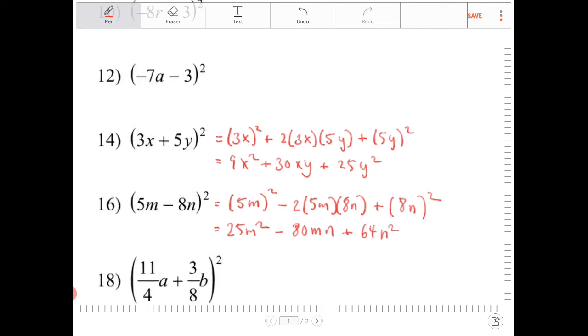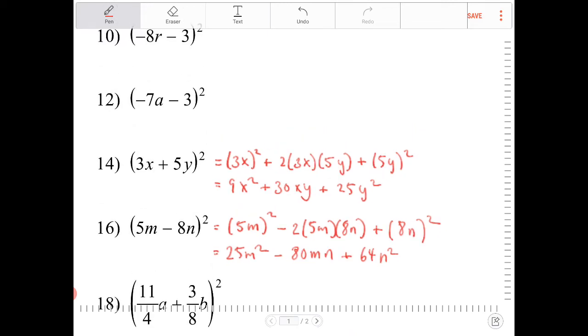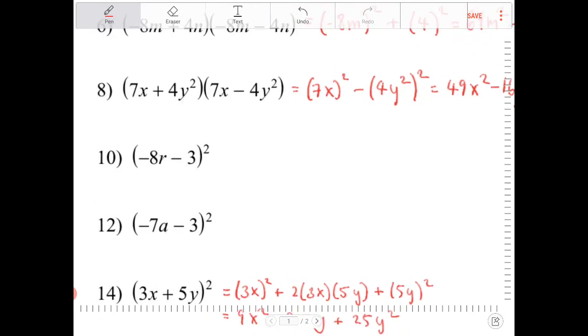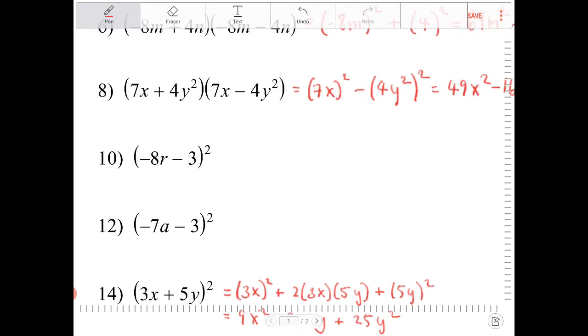Okay, and then I want to backtrack a little bit. Now I have the two perfect squares demonstrated. Let's take a look at the other two here. Actually, this guy right here is a sum in disguise, and you may not necessarily be able to identify that at first.